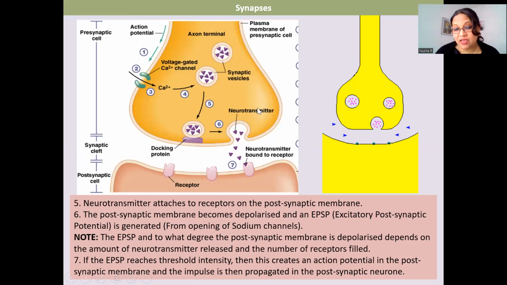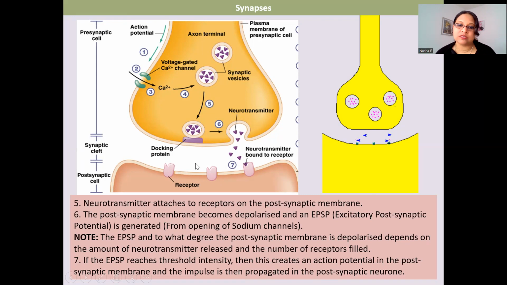Something important to note is that the intensity of the EPSP, and the extent to which the postsynaptic membrane becomes depolarized, will depend on the amount of neurotransmitter that is released into the cleft.